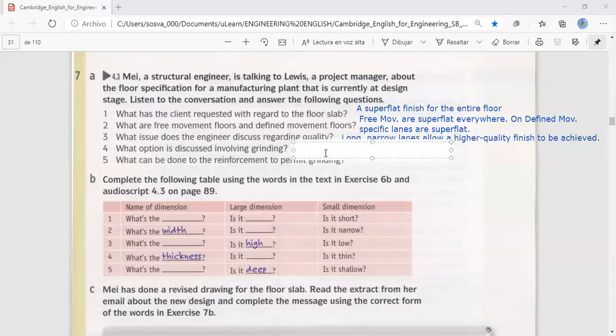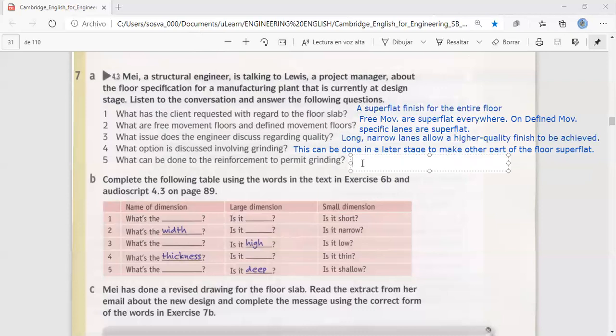If it's not now, it's later. That means that this can be done in a later stage. Later means later, not now. To make all the parts of the floor super flat. I mean, if they don't want to make all the floor super flat, they can do a part, and later, if they want to, they can make it super flat. Good.